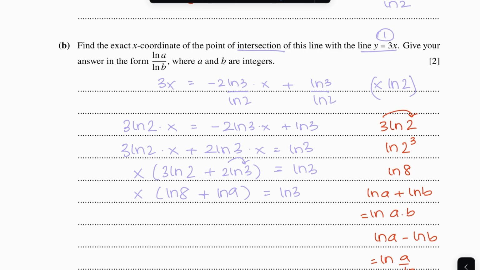If we apply that over here, we will get x times ln of 8 times 9, which is 72, is equal to ln 3. And if I send this to the other side to get only x as the subject, I will have ln 3 over ln 72. As you can see, 3 and 72 are integers, so our answer is in this form and our question is complete.